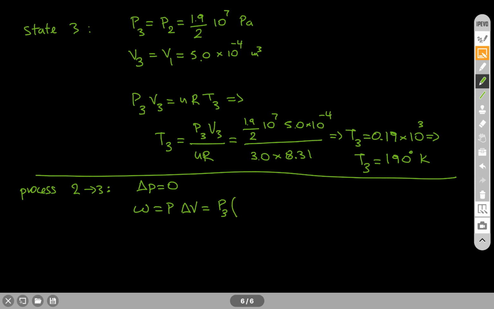Now, the change in volume, okay? I go from the initial state of 2 to the final state of 3. So my final is the volume of 3 and the initial is the volume of 2. Now I need to use the numbers. 1.9 divided by 2 times 10 to the 7. And I have V3. What is V3?